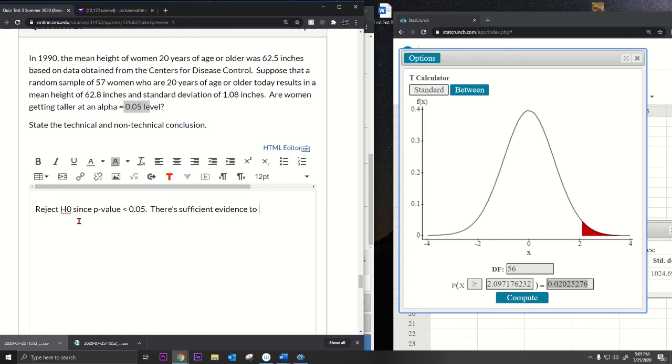There's sufficient evidence to conclude that, and then now what are we going to conclude? What is our conclusion? Are women getting taller? That women are getting taller, right? Control C, that women, oh, I think I did that wrong. Oh, look at that, how convenient.